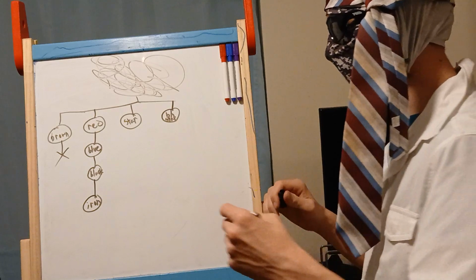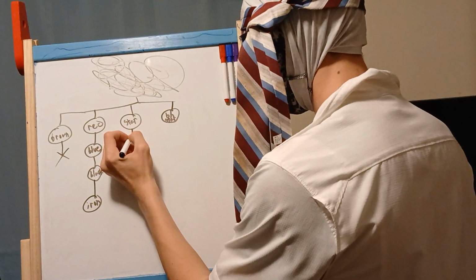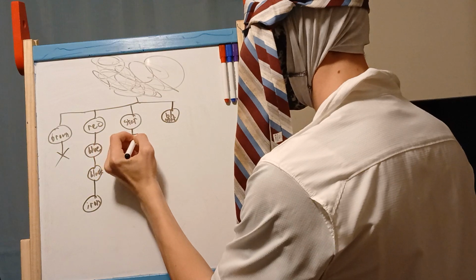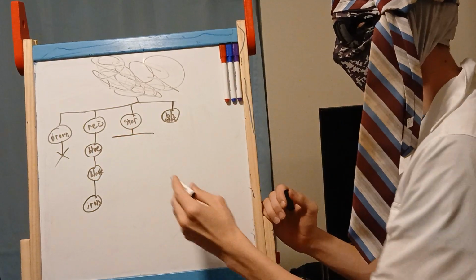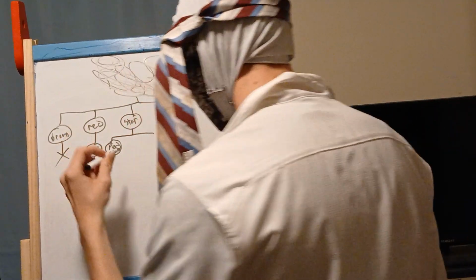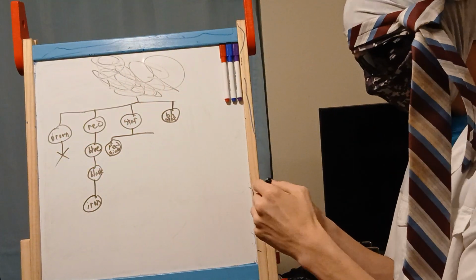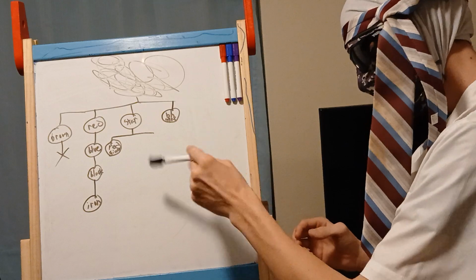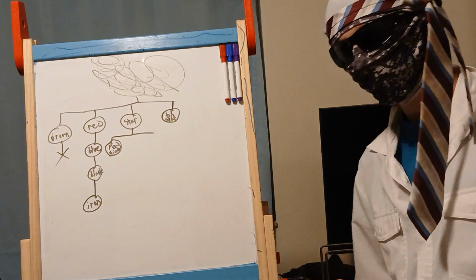Now let's take a look at a star. This can turn into multiple different things. First being a red giant. This is the path our star is going to take.